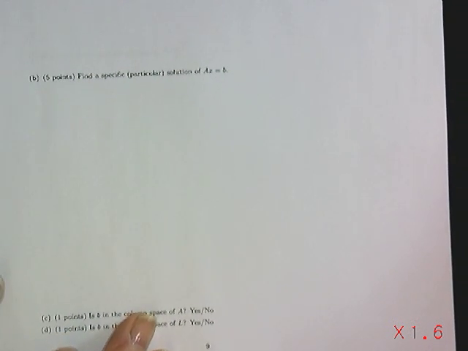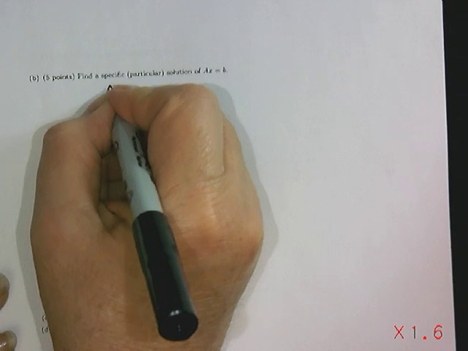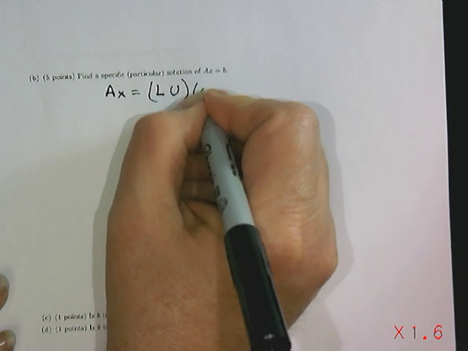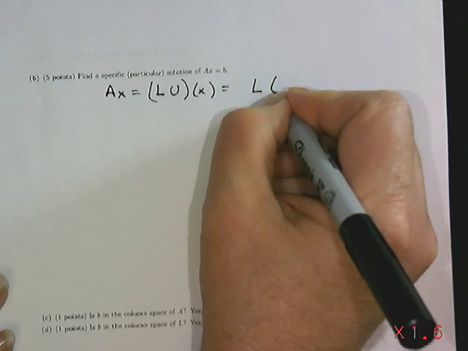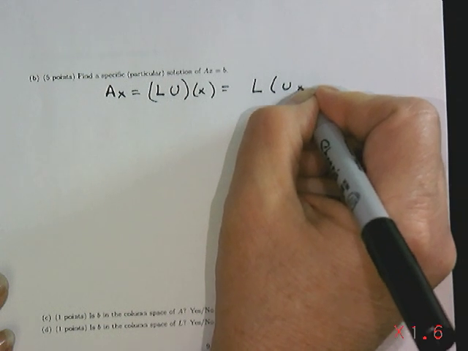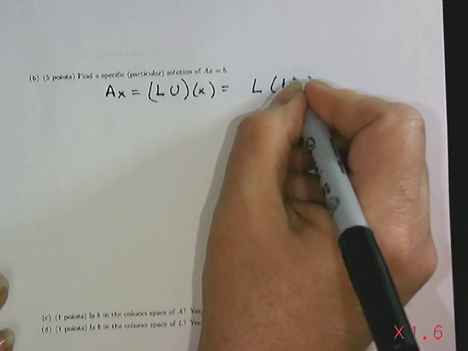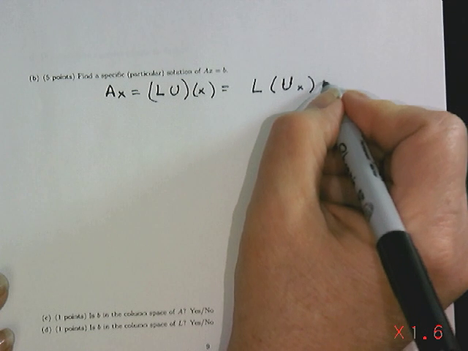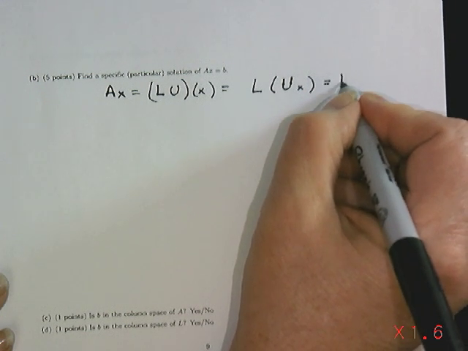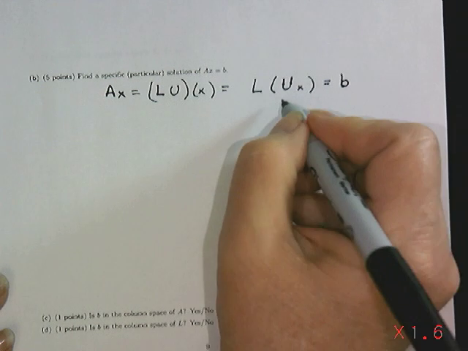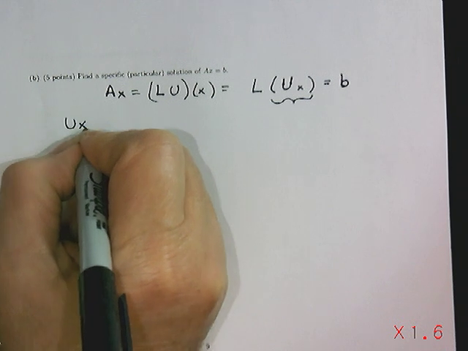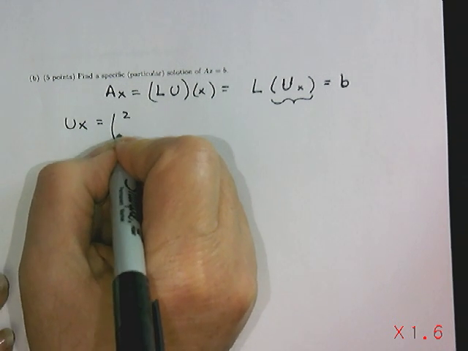Now we want to find a specific solution for Ax is equal to B. But recall that Ax was LU times x, but that's the same as L times U times x, because matrix multiplication is associative, and that's supposed to be equal to B. Well, our solution was that's the case if U times X is equal to 2, -2.